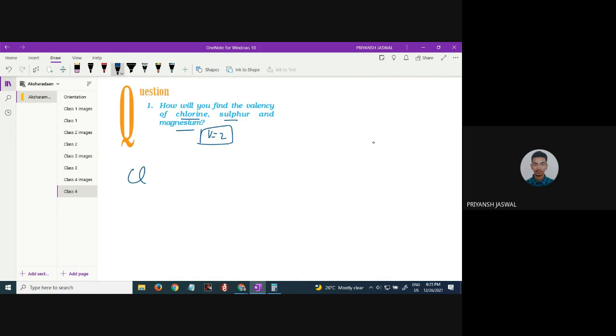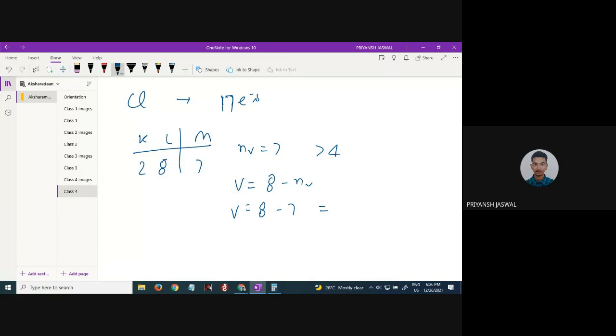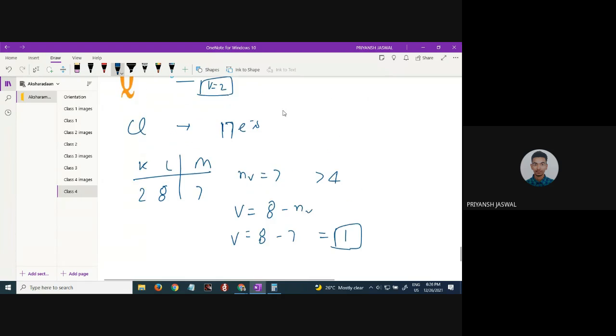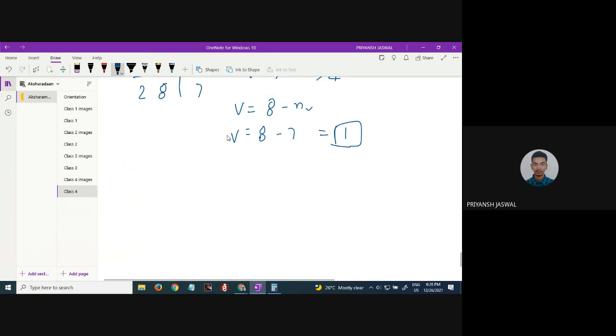For chlorine, let's see. It has 17 electrons. According to Bohr-Bury rule, the configuration will be 2, 8, and 7. Since the number of valence electrons is 7, that is greater than 4, its valency will be 8 minus NV. That is 8 minus 7 is equal to 1. So magnesium and chlorine are done, and sulfur.